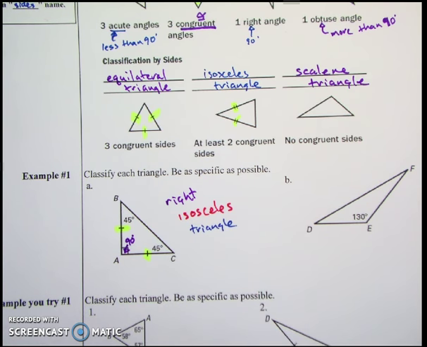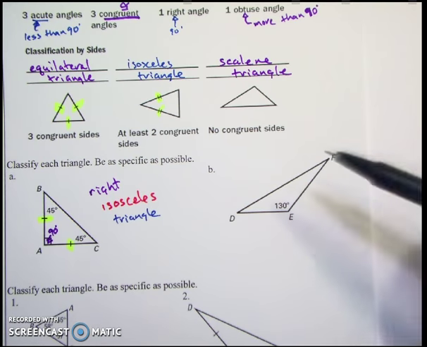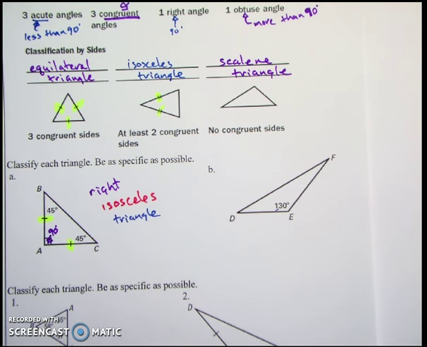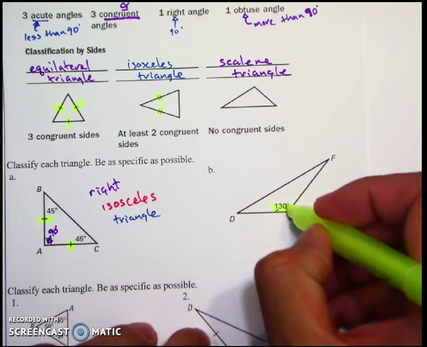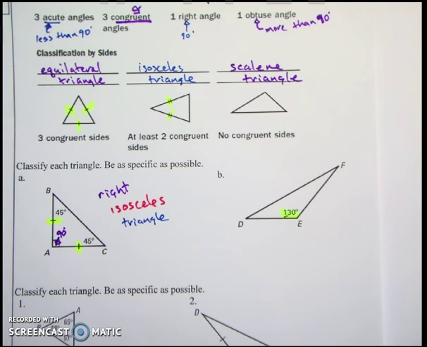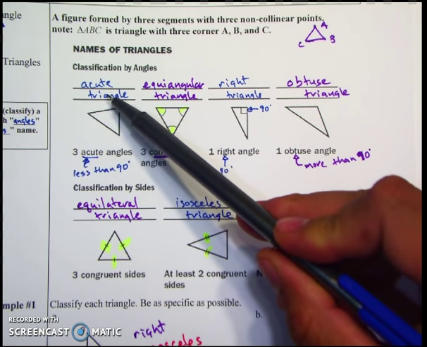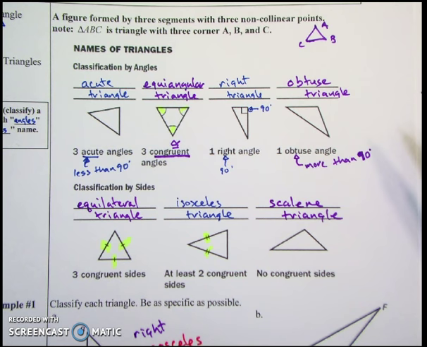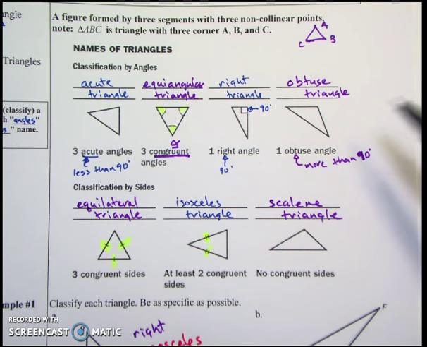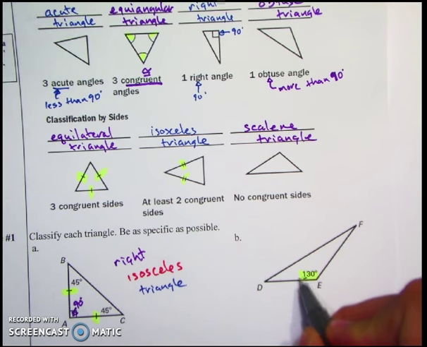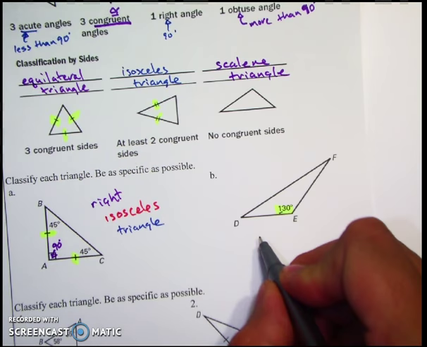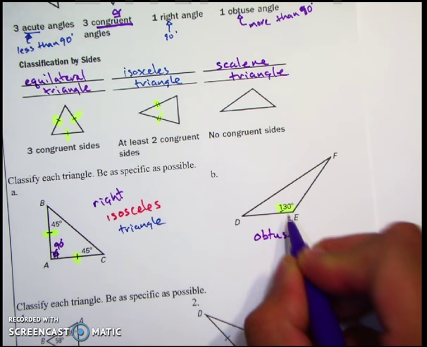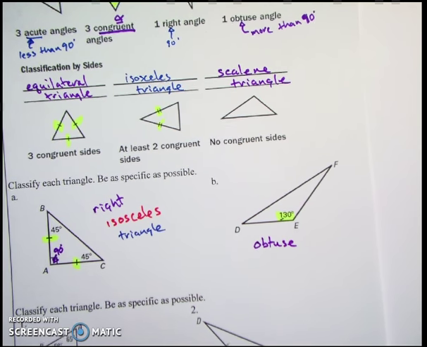Let's try the next one. Again, when we want to name these triangles, we start with an angle. Notice that right here we have 130 degrees. If it's 130 degrees, let's look back at the information. Would it be acute, equiangular, right, or obtuse? It should be obtuse, because it's greater than 90. So let's go ahead and label that obtuse. So that's our angle. Now let's identify the size.